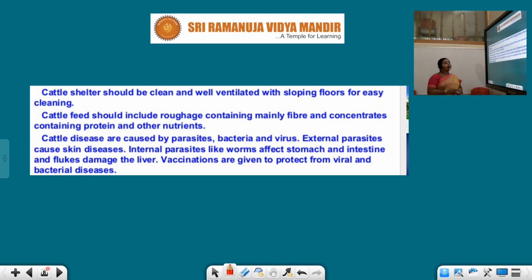Now see students, in order to maintain proper animal husbandry, we need to take care of the right shelter. It should be clean, well ventilated with sloping floors for easy cleaning and all. Cattle feed should include roughage containing mainly fibers and concentrates containing proteins and other nutrients.